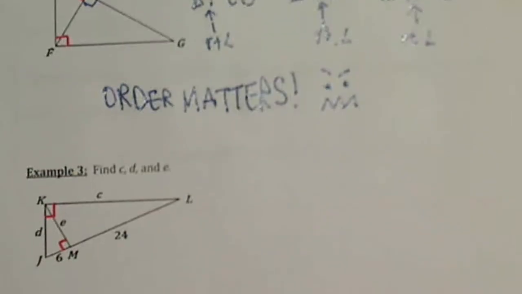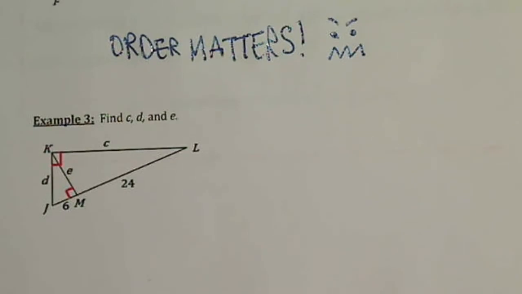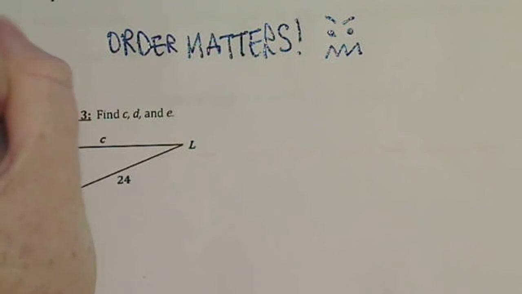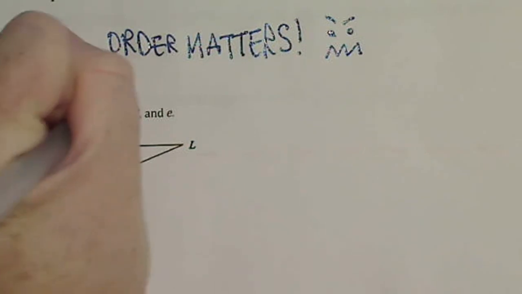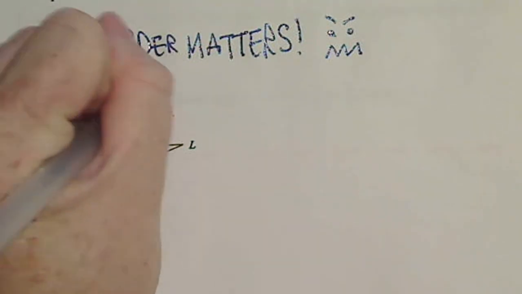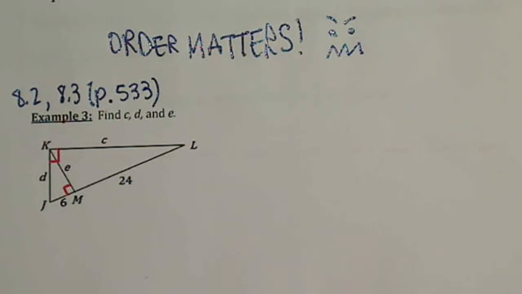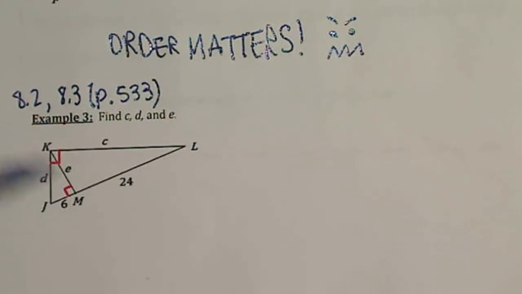Okay, example 3. Example 3 uses theorem 8.2 and 8.3 which are on page 533 of your book, to solve for these missing side lengths. We're going to solve for them using the geometric mean. Okay, so the first letter to solve for is E. E is easiest to solve for.